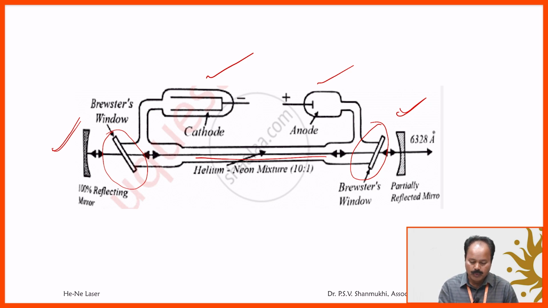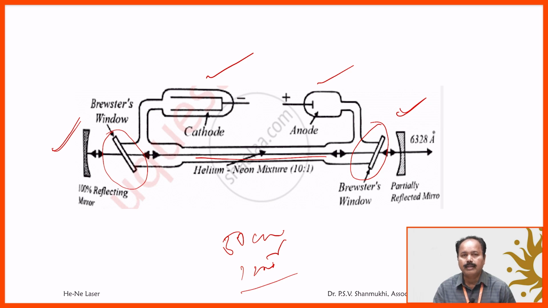Once again, in the construction, this is a long discharge tube of 50 centimeters long and 1 centimeter square cross sectional area. Two electrodes are provided, through which we can supply the electrical discharge.